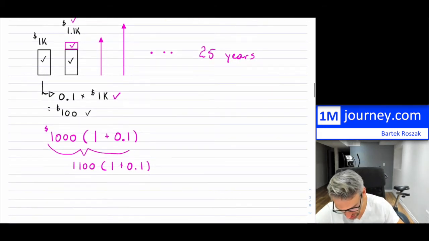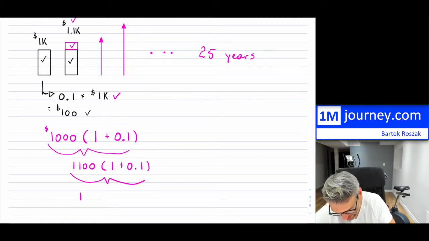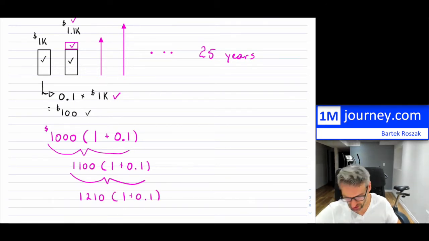And then you continue this pattern year after year, where you take that original amount, whatever that might be. Now, in this case, it would have been 1,210. And again, you multiply it by 1.1 to get the following year. And you keep doing that, and as I said, you don't want to do that for 25 years.